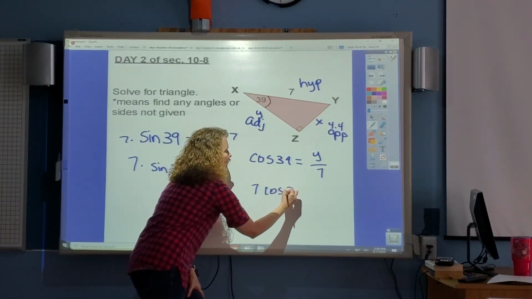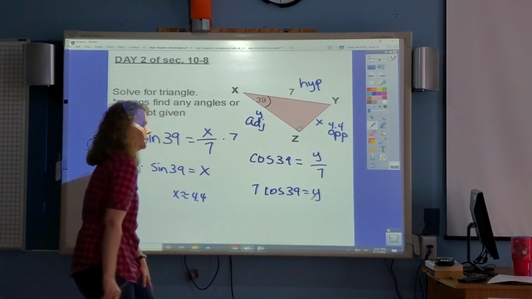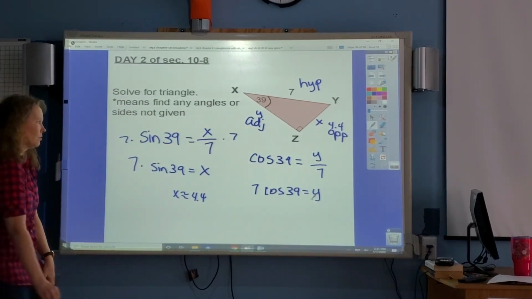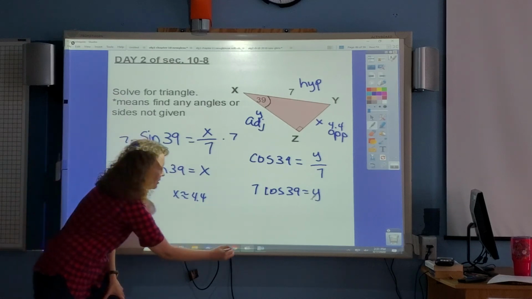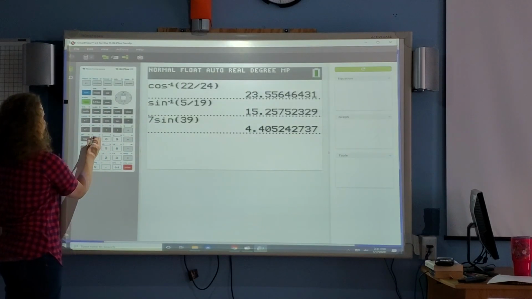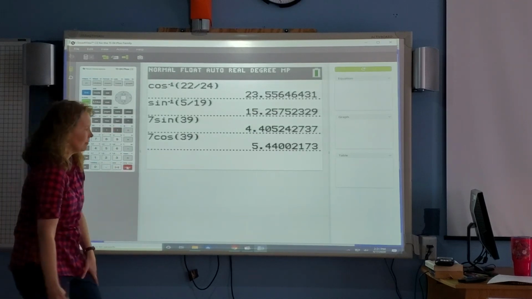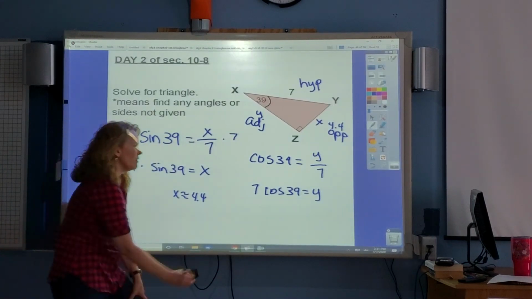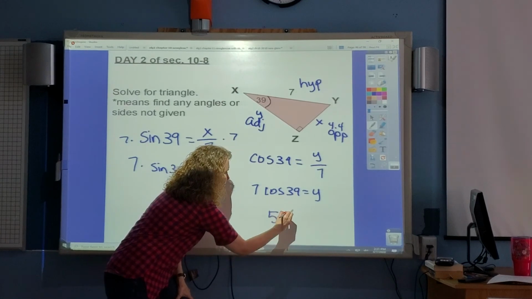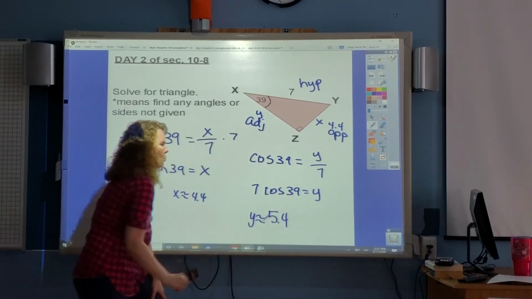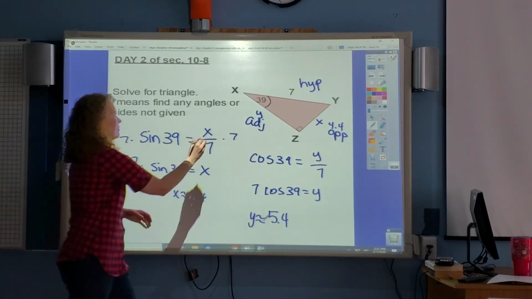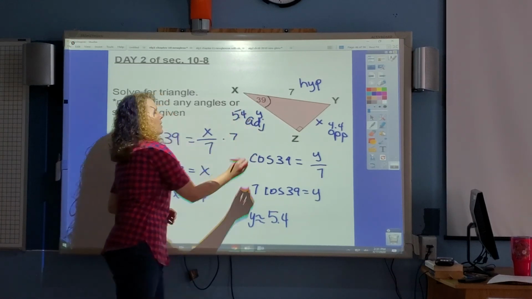Then go to the calculator and get that answer. So I'm going to do 7 times the cosine of 39. 5.4 for that side. So we're getting close to having everything done.